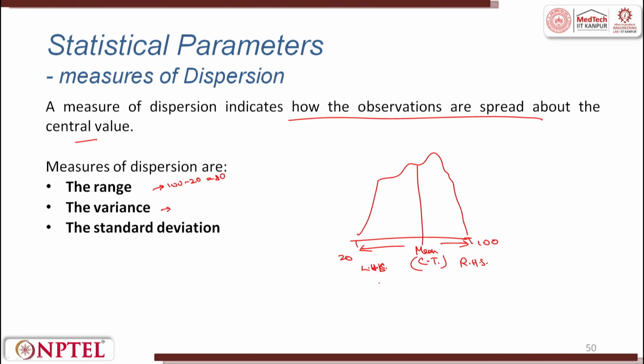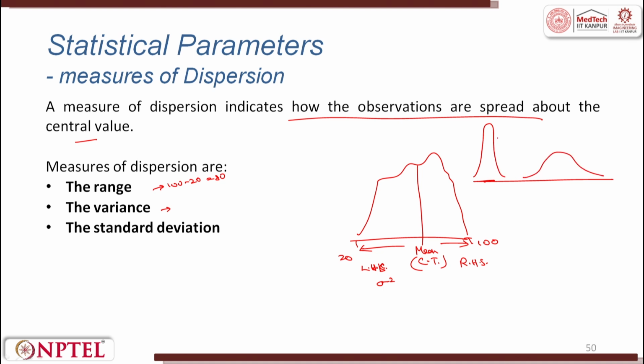The variance, if I put sigma value here, there is a formula to calculate sigma. If I calculate sigma square value here, that is my variance, standard deviation. So, that gives me the spread. Spread could be, for the same number of observations, something like this, or something like this.